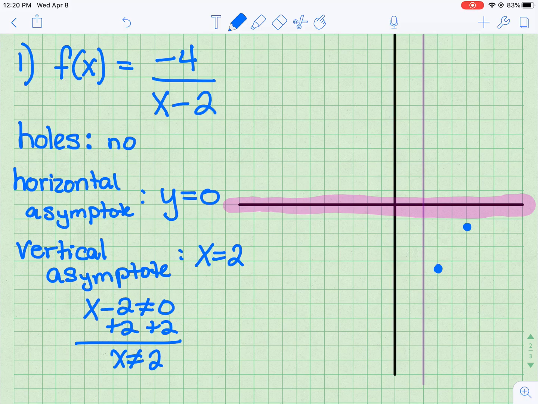I might go back to the curve a little bit to get an idea: 3, -3. So it kind of looks like this. All I'm doing is picking 3 or 4 points that give me an idea how to draw it. The big idea is to make sure that it's not crossing the asymptotes.